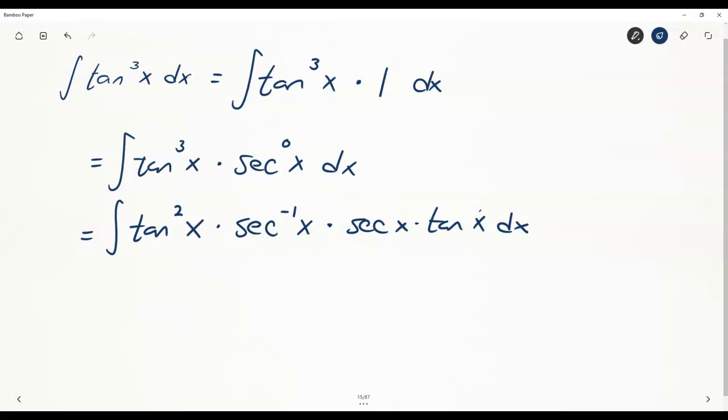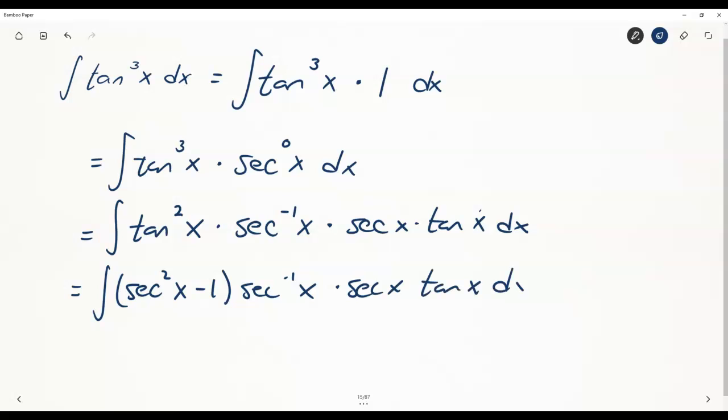So now I'm going to rewrite the tangent in terms of secant. Now, if I wanted to, I could use substitution right here and let u be secant of x.